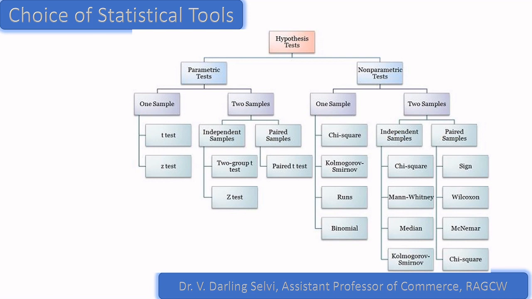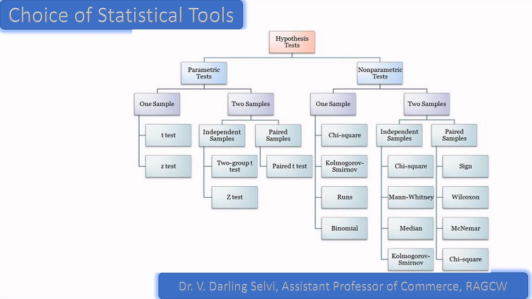Then if we go for the non-parametric test, one sample can be done with the help of chi-square, the Kolmogorov-Smirnov test, the runs test, where we express only the signs, and then the binomial test also. Then for 2 samples, we again categorize into independent samples and paired samples. Paired samples means we can get the data in pairs.